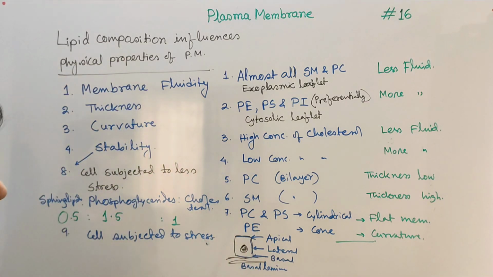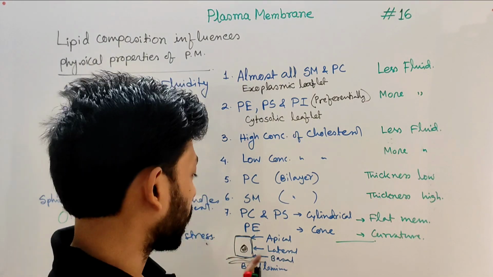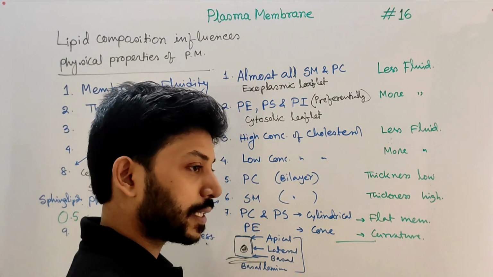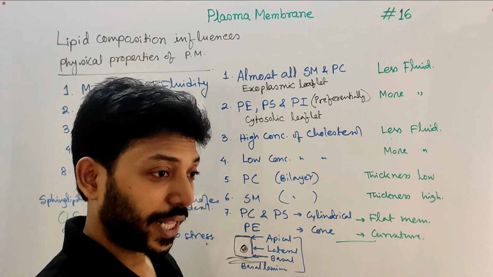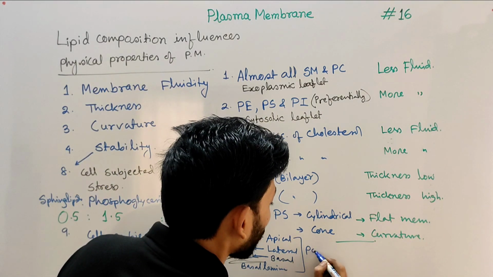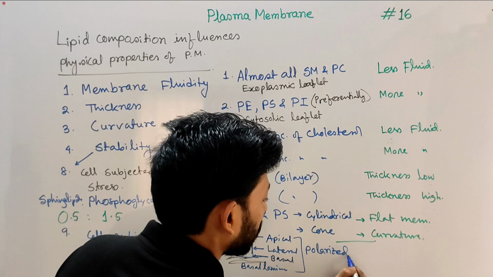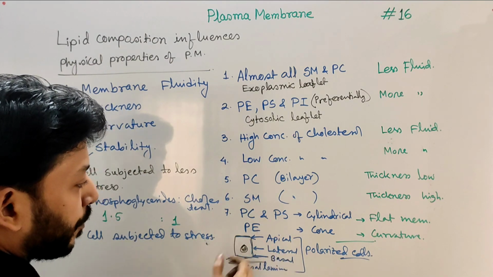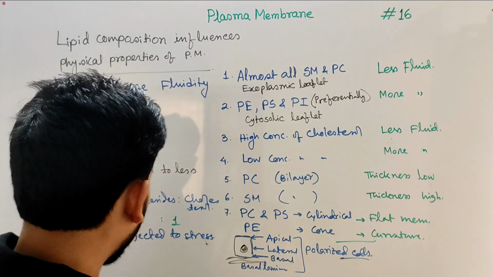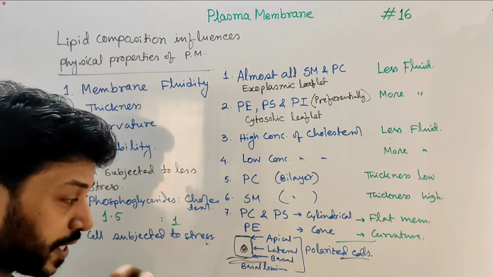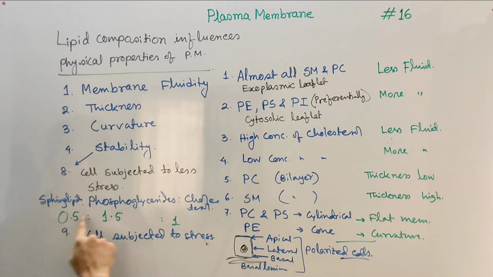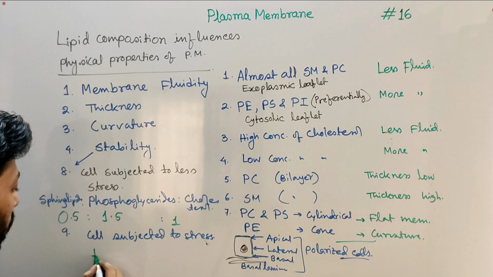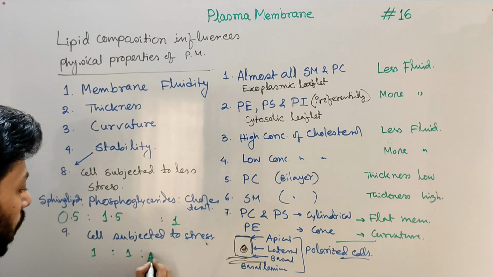So epithelial cells that line the gut and stomach are polarized cells. Those cells contain these distinct types of plasma membranes. In polarized cells, the apical plasma membrane faces the harsh environment, and in cells subjected to stress, specifically the apical plasma membrane, if you measure the ratio of sphingolipids to phosphoglycerides to cholesterol, you will find 1:1:1.